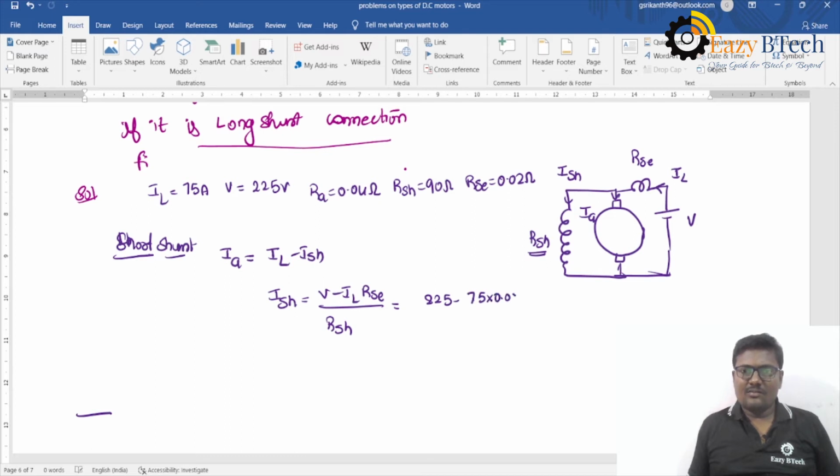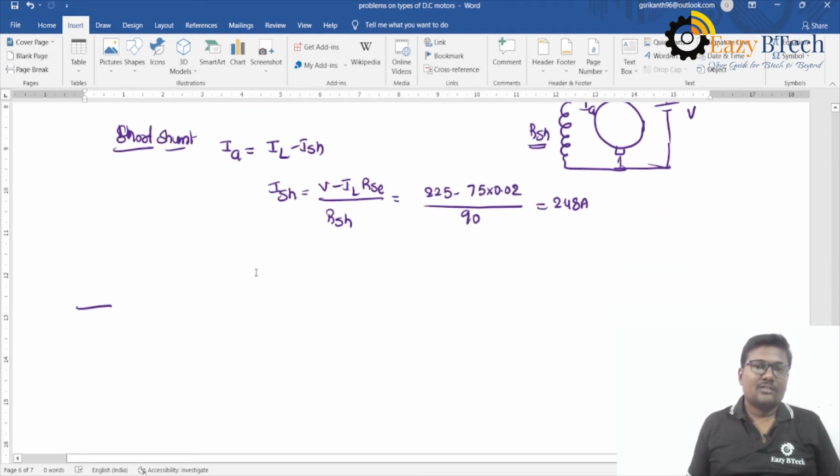The RSC is 0.02, divided by RSH is 90. So by using calculator, I am calculating 225 minus 75 into 0.02 divided by 90, which gives 2.48 amperes.